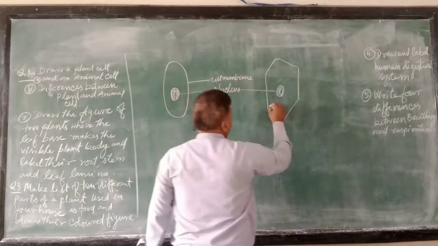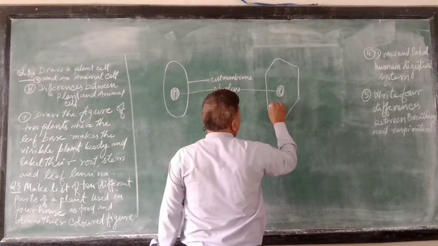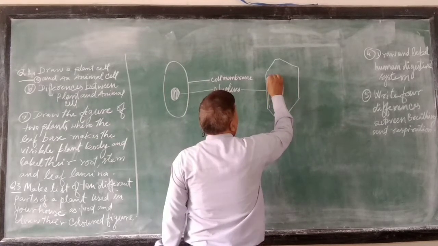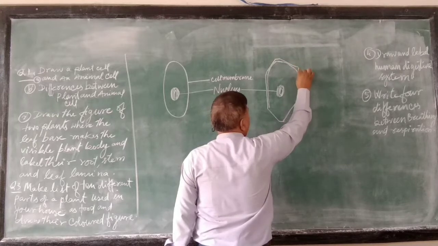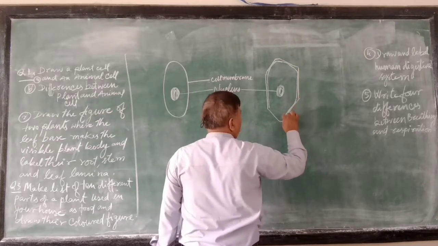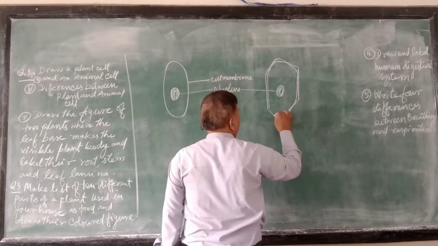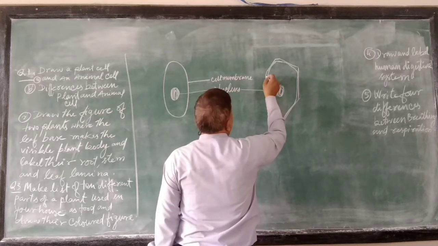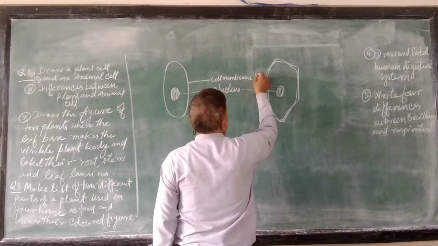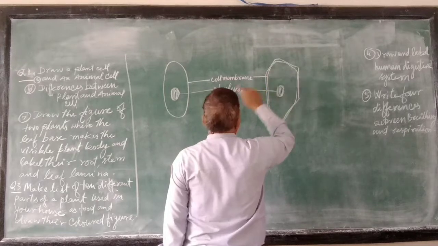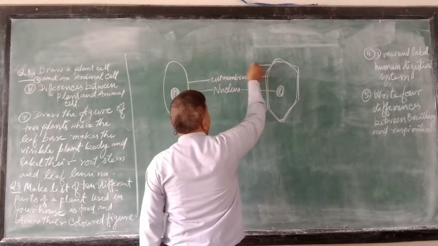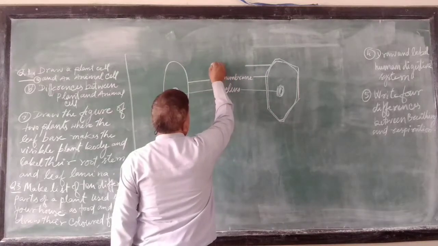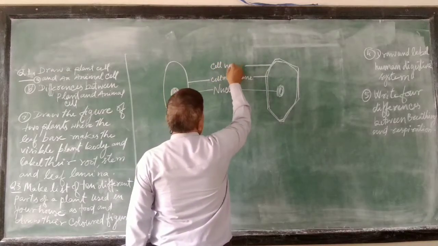This cell membrane is inside the cell wall, just like this. I am drawing it separately so that you can understand, but there is no gap between the cell wall and the cell membrane. This outer structure made up of cellulose is the cell wall.